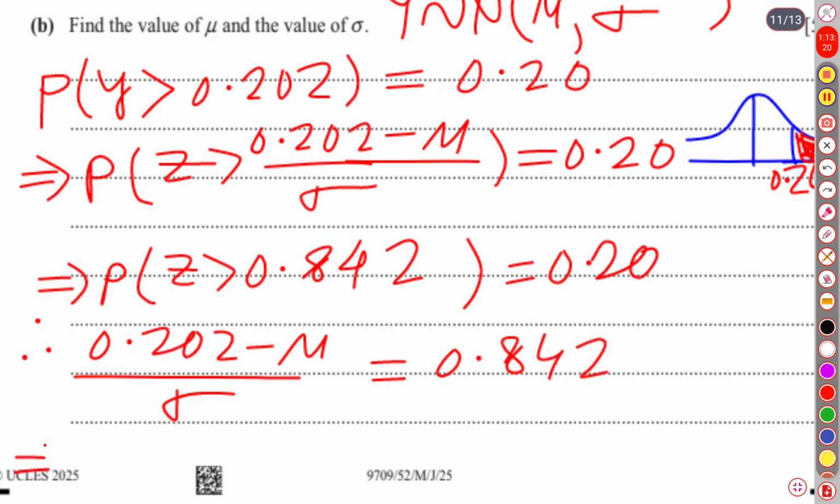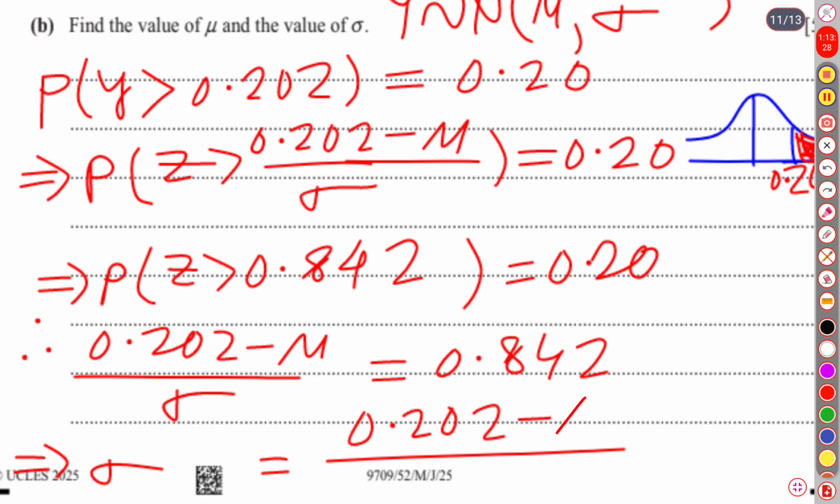If we isolate sigma, sigma is equal to (0.202 minus mu) over 0.842. We may leave this as equation 1 because there will be two simultaneous equations since two values are to be obtained. This is the first case.